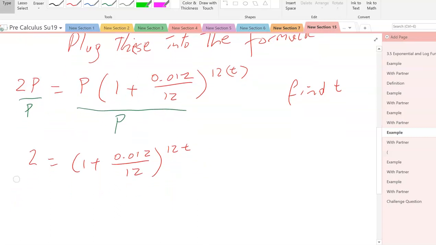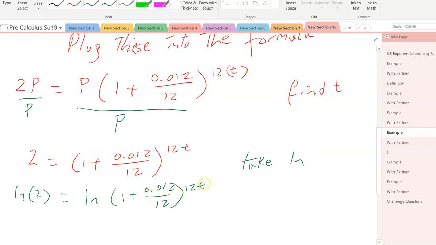Now, what we can do next is take the ln of both sides. So we will have the ln of 2 is equal to the ln of 1 plus 0.012 over 12 to the 12t.